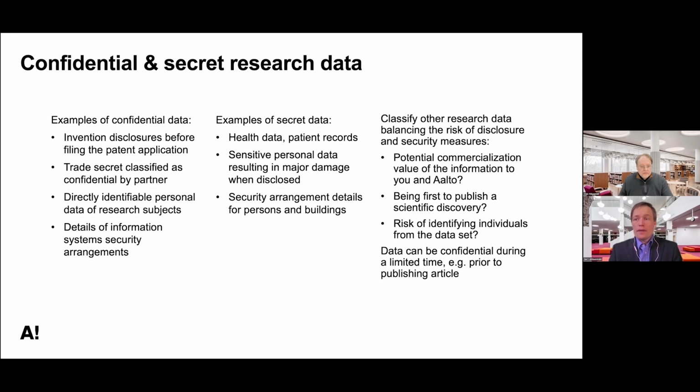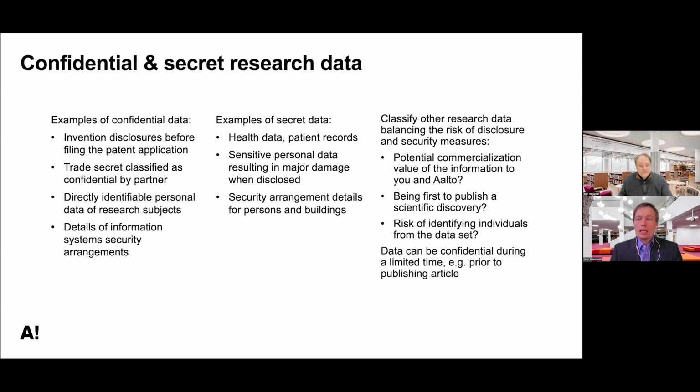And then if there are some details of information system security arrangements, technical setups, technical configuration, and this kind of data, for example, the IT services that you might use in your research project, or if you develop something of your own, that could be confidential as well. But typically for research, something that might lead to a patent application, inventions, possibly original research data that came from a third party that might have trade secrets, or then the personal data. So the first three are the most typical, I guess, for research purposes.